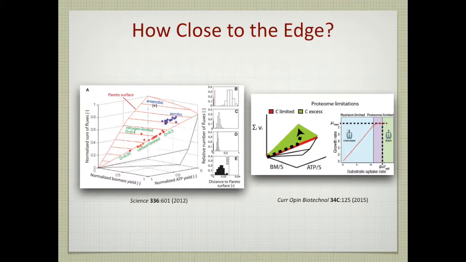But it also, as shown in the panel to the far right, can compute the optimal growth state under substrate limited conditions or proteome limited conditions. And when you plot the outcomes of the ME model, it forms that dashed line in that plane that is indicated in green in that icon towards the right. So all the points that are on that surface in this paper from the ETH fall on that line.